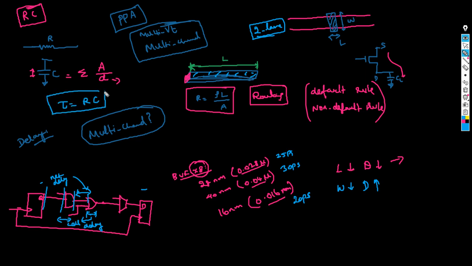This is the formula we use to calculate your net delay, the basic formula. So you should know the basics of how the resistance is calculated and how your capacitance is calculated, and with that formula the tool calculates the net delay automatically.